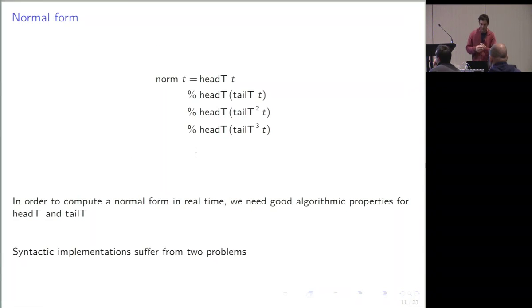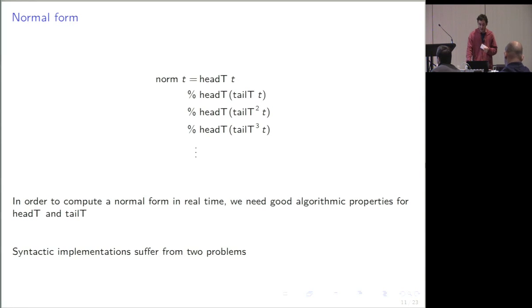A normal form is defined as the head of the tile composed with the head of the tail of the tile, composed with the head of the tail of the tail of the tile, and so on. So in order to compute on-the-fly real-time rendering of the tile, we need an efficient implementation of head and tail.